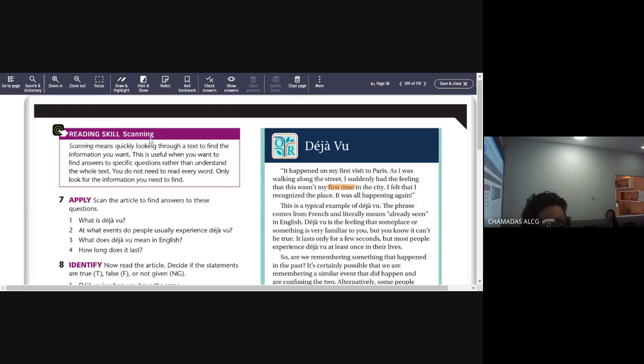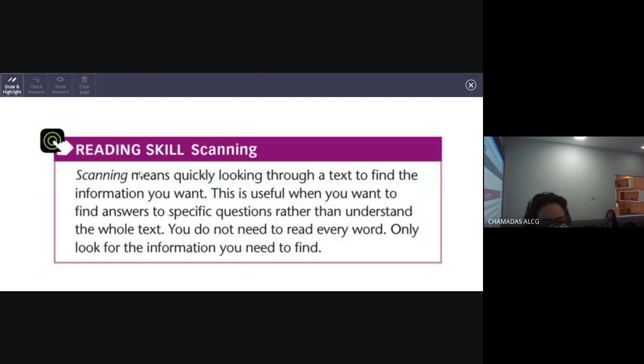So this is what they're saying here. Scanning means quickly looking through a text to find the information you want, okay? You go straight to the point. This is useful when you want to find answers to specific questions rather than understand the whole text.